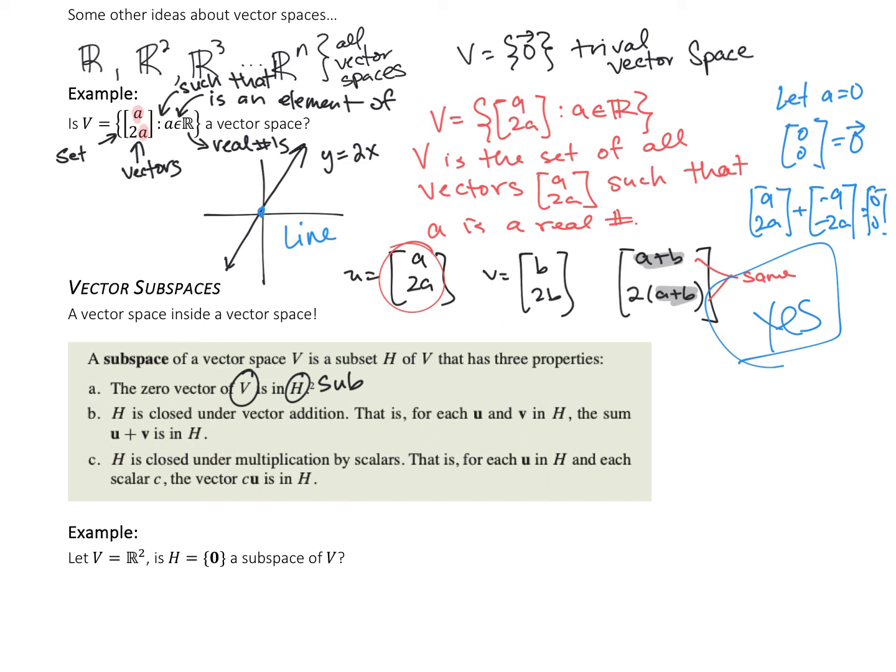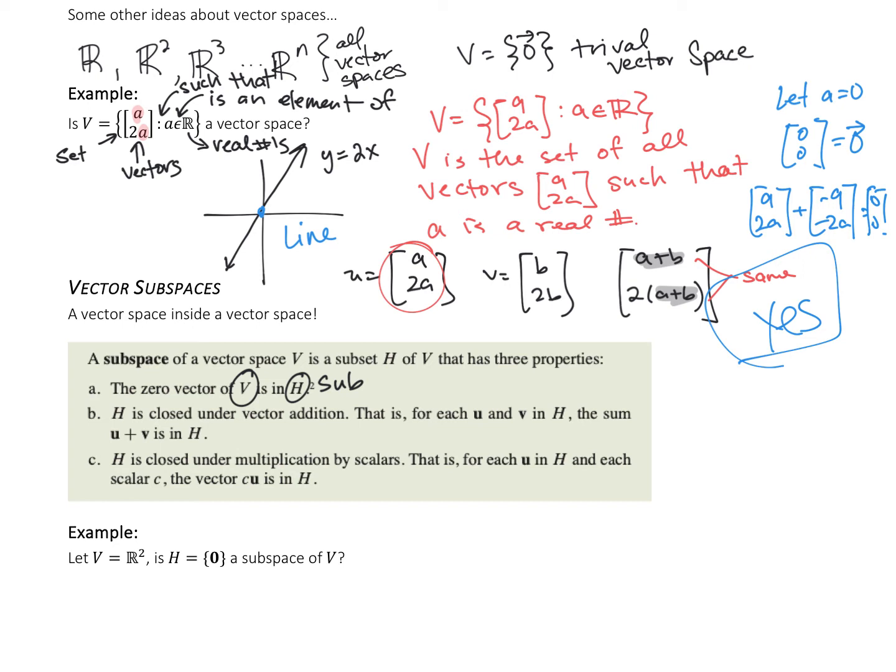It needs to be closed under vector addition. So again, that just means that if I add two things that are in H, that also needs to be in H. And it needs to be closed under scalar multiplication, which means that if I multiply something in my subspace times a constant, the new vector is also in my subspace. Hopefully that makes sense.